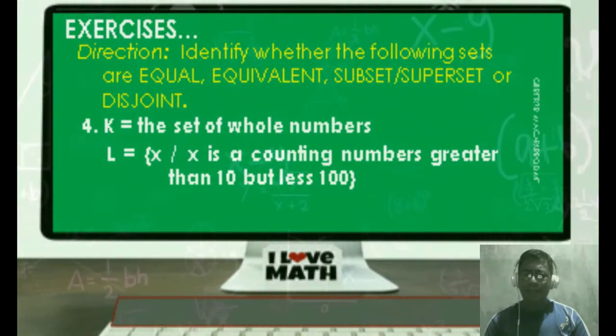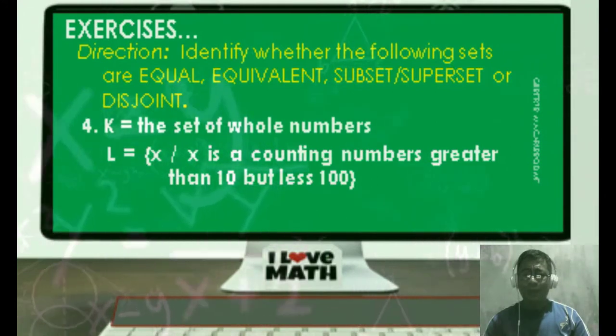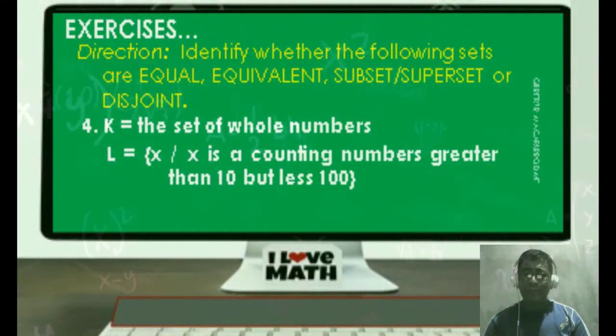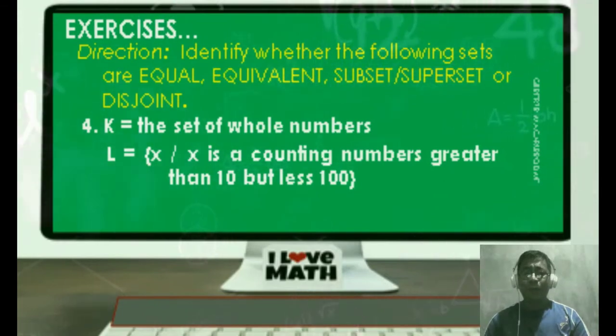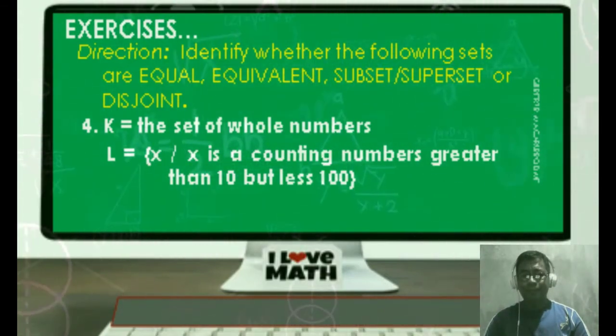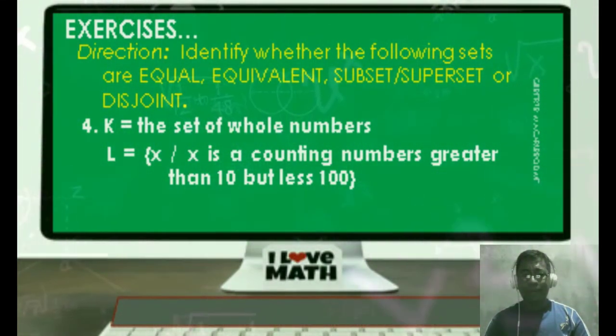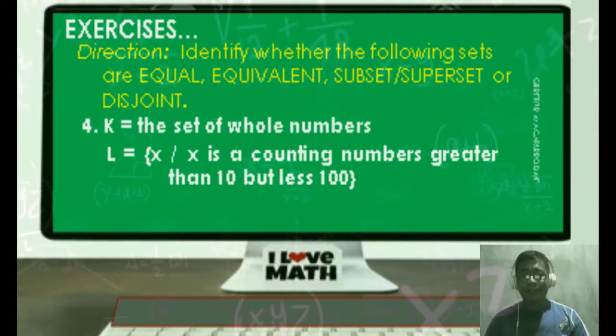What are the elements of set K? We have 1, 2, 3, 4, 5 and so forth and so on. How about the elements of set L, which are counting numbers greater than 10 but less than 100? So we have 11, 12, 13 up to 99.